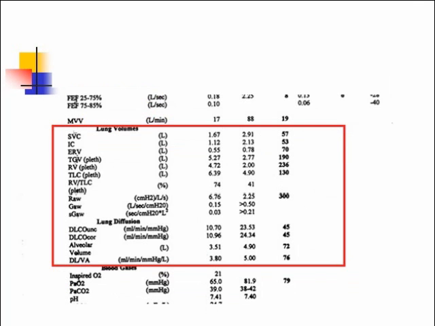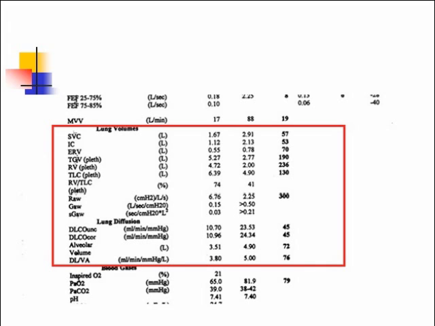The second section is lung volumes, and these measurements help us understand if the patient has a restrictive problem. And the key ones in here are going to be the FVC and the TLC. Now, if they're doing a body box measurement for total lung capacity or FRC, we're going to see it noted as TGV.